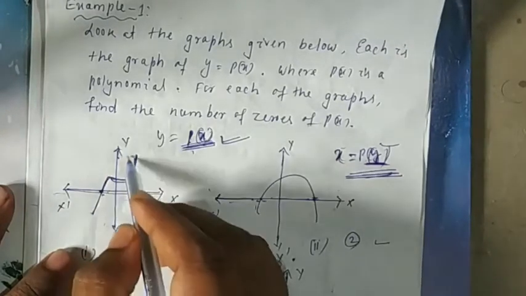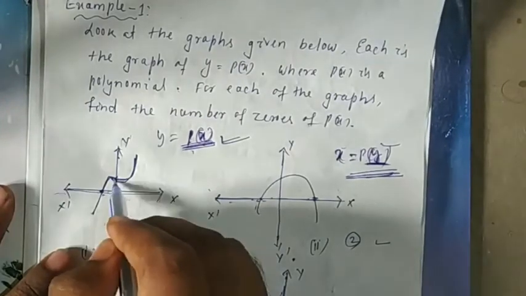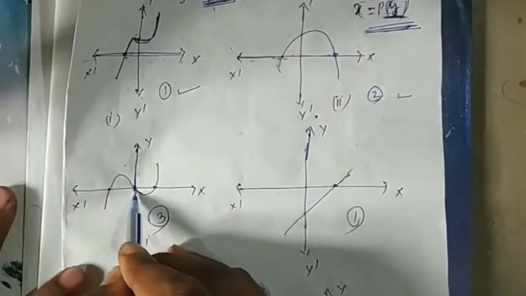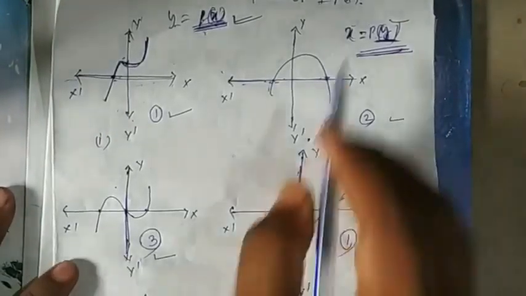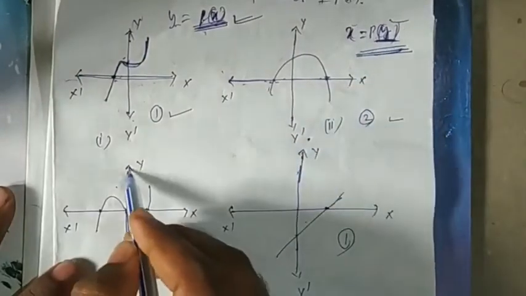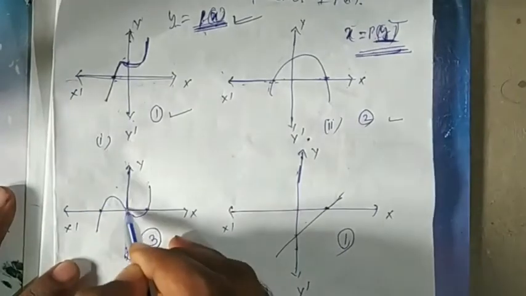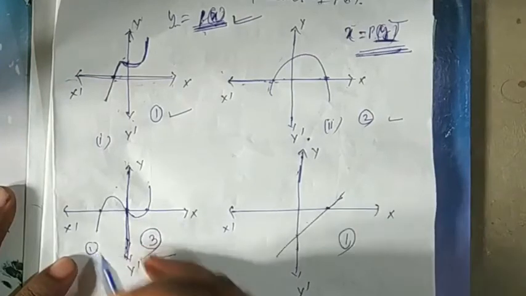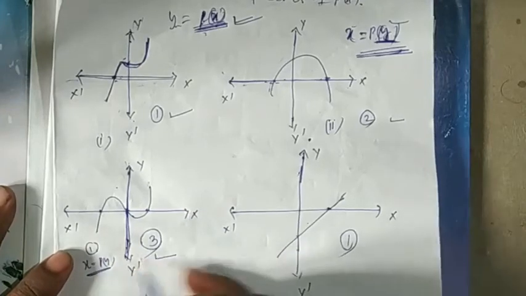In this graph, the graph intersects the y-axis at only one point. That's why here also the number of zeros is 1. But here, if y is equal to p of x, then the number of zeros is 3. If x is equal to p of y, you have to see that the graph intersects the y-axis at only one point, so the number of zeros is 1 when the polynomial is x is equal to p of y.